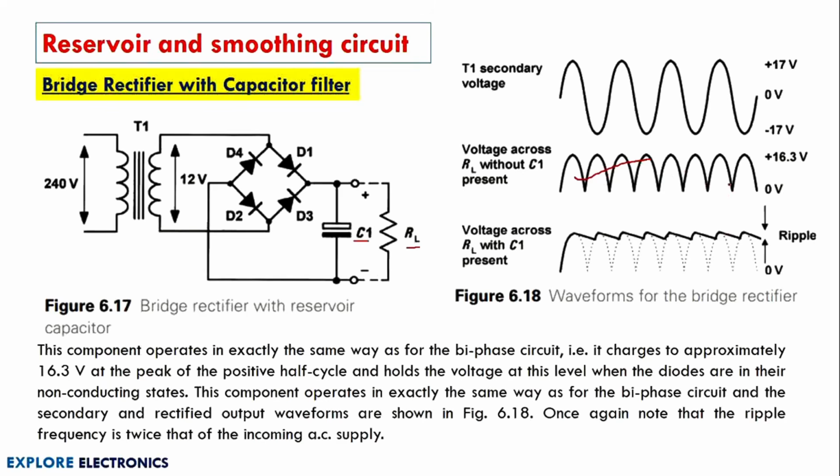After connecting a capacitor, it will remove the ripples present in the output by charging to the maximum value, and it will retain its value, and it charges again when the next peak comes. That is how we can reduce the amount of ripple at the output of the rectifier.